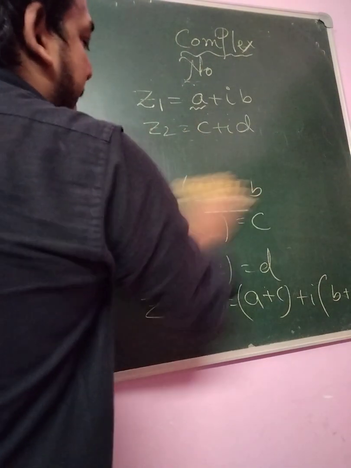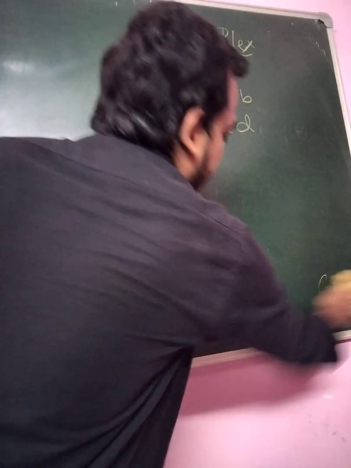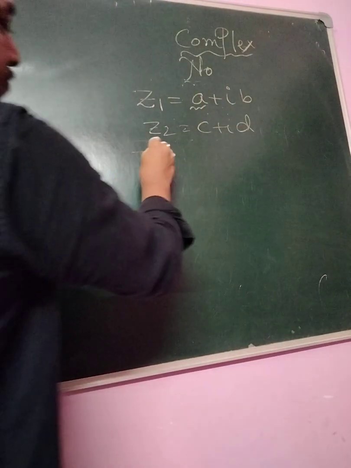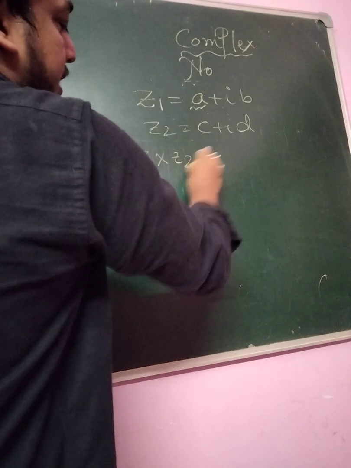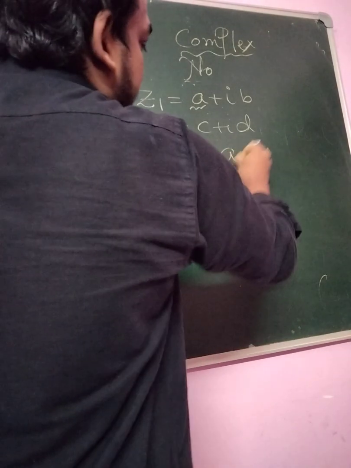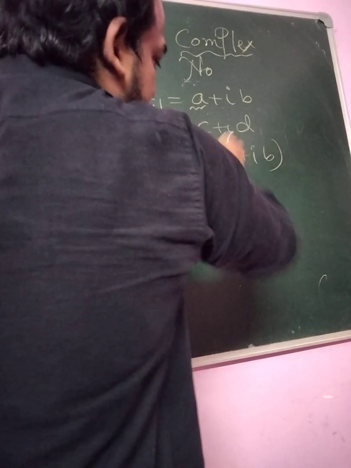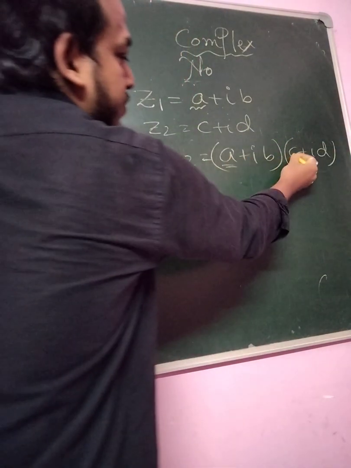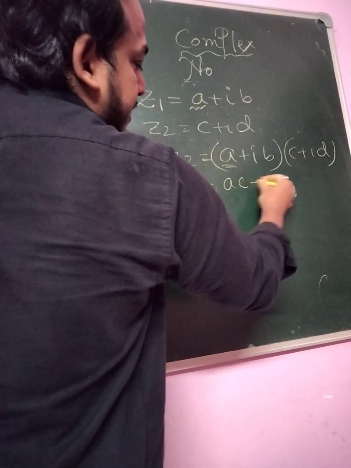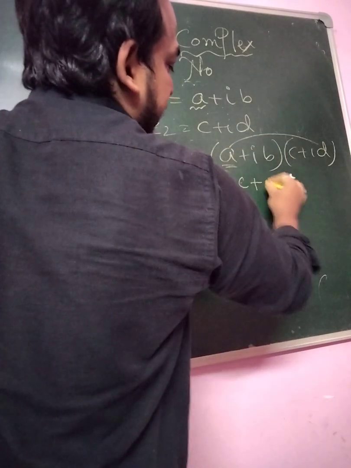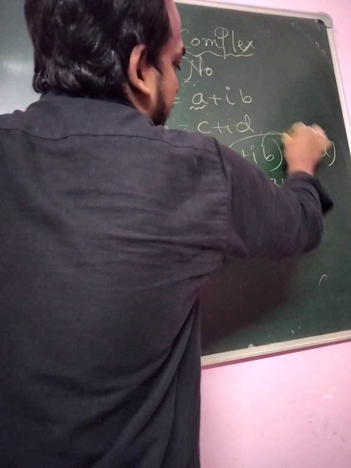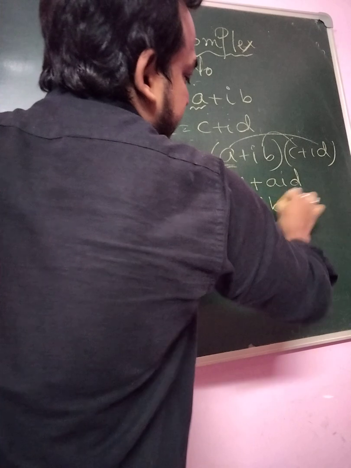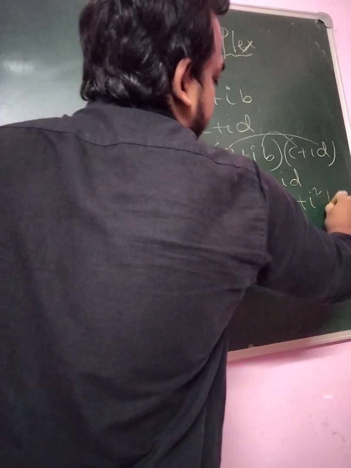Now what is the value of Z1 into Z2? Just multiply these two complex numbers. See, A times C, AC, A times iD, which is iAD, plus iBC plus i square BD.